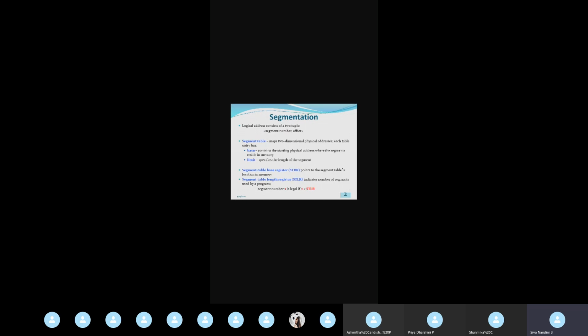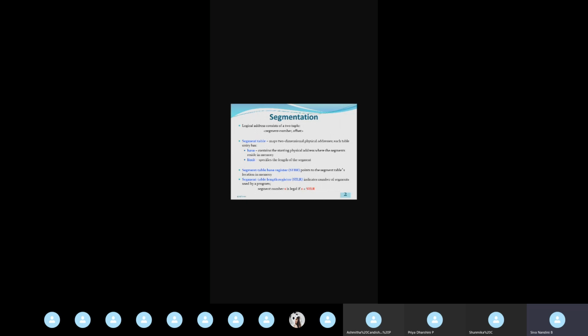So in segmentation, the whole program is divided into segments. That is, the functions will come under one segment, the stack will come under one segment, and the main function will go under a segment. Likewise, we'll be having several segments in a particular program. In this case, we are seeing from the user point of view.